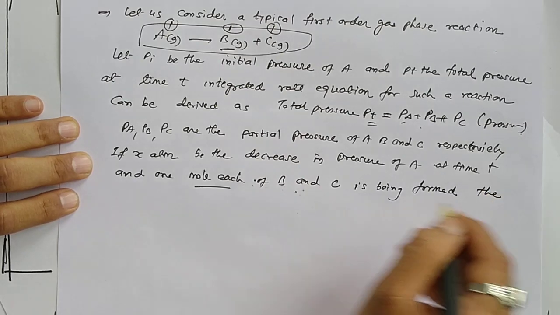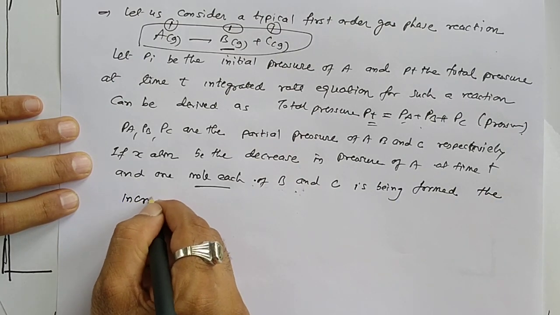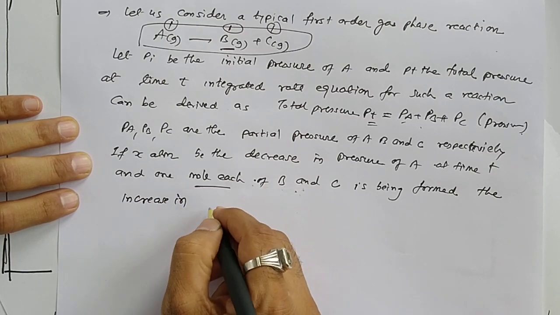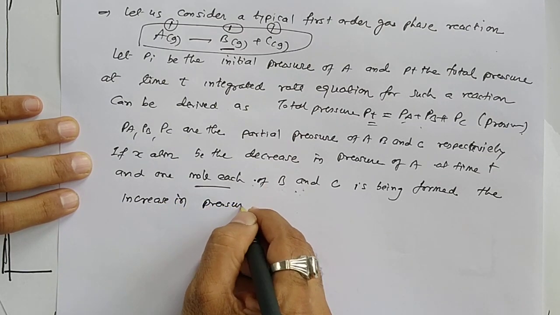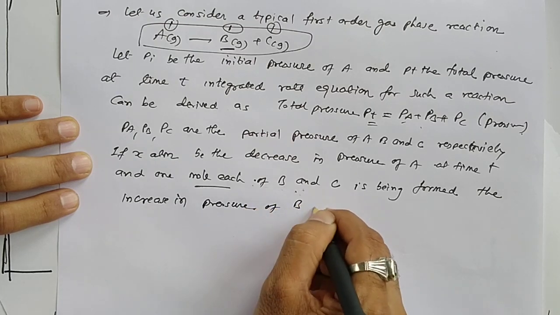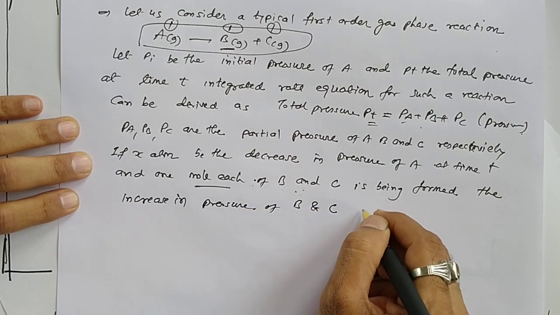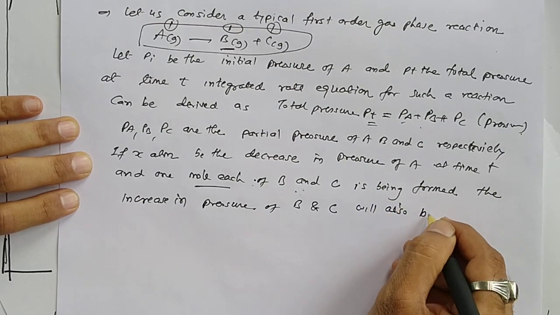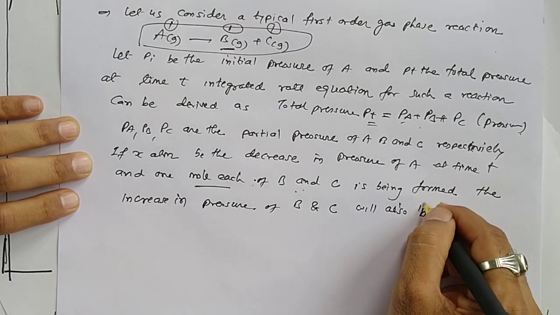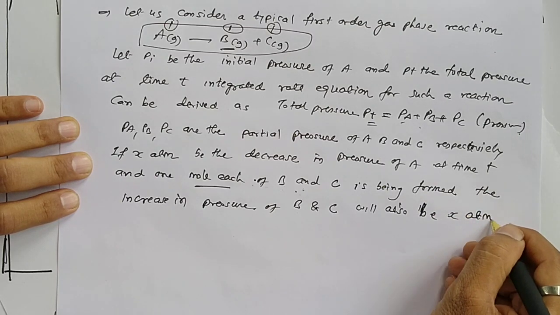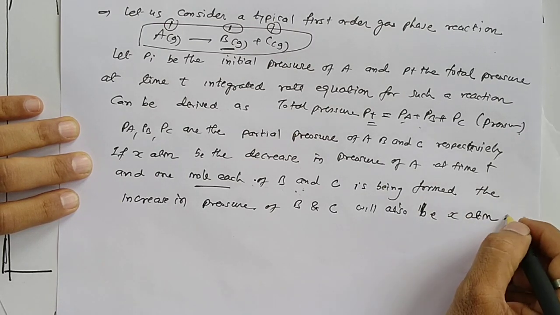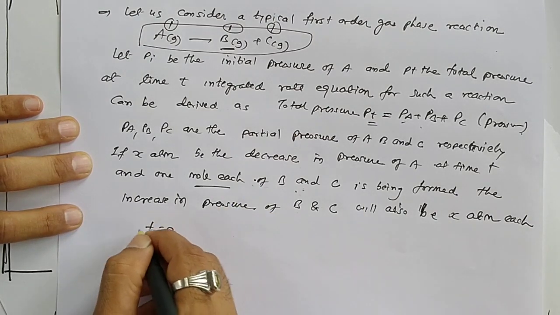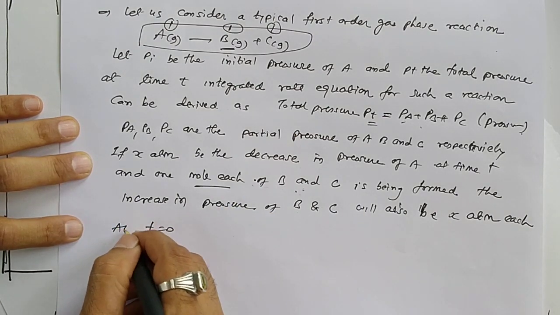The increase in pressure of B and C will also be X atmosphere each, means B and C, at T equal to 0 time.